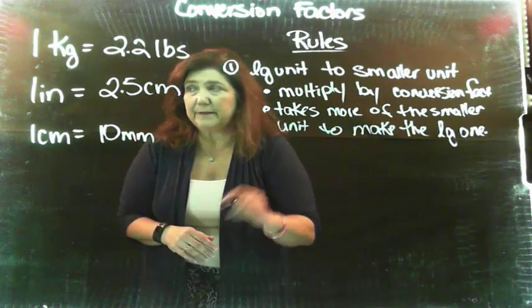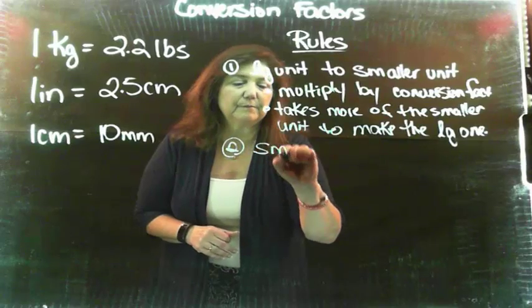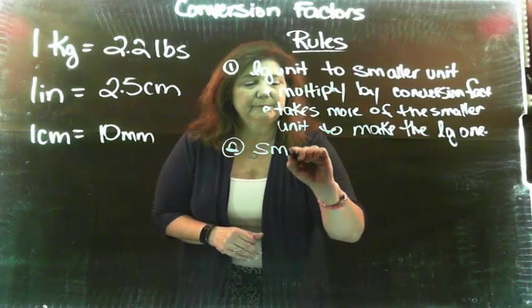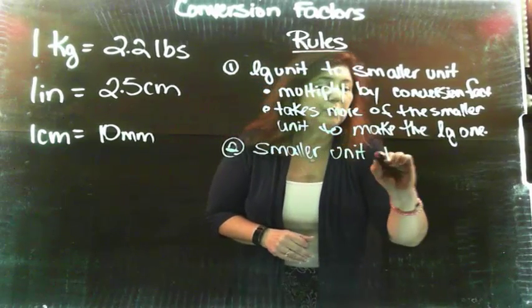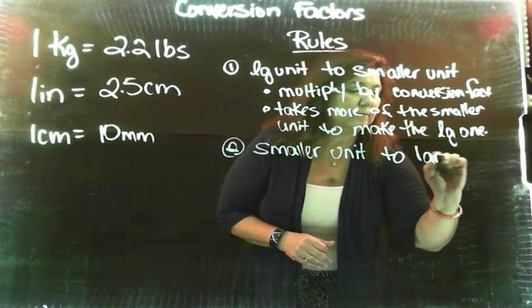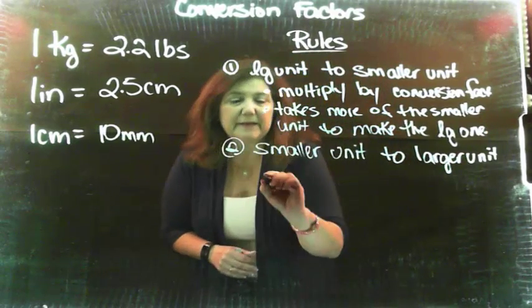The second rule is that when I'm going from a smaller unit of measure to a larger one, then I need to divide.